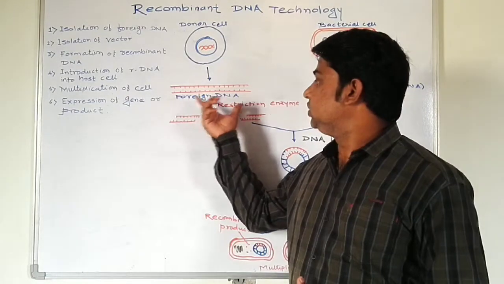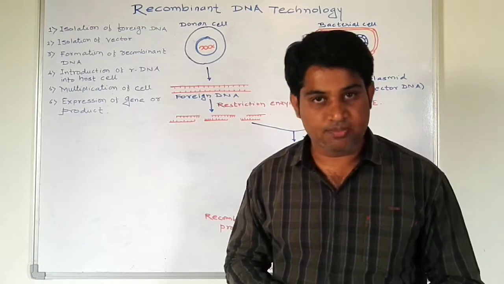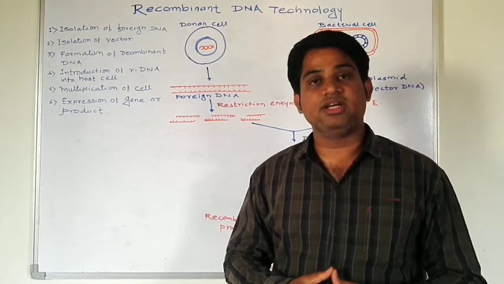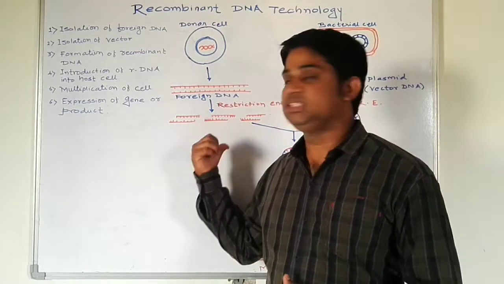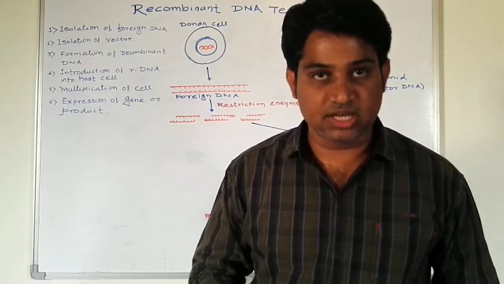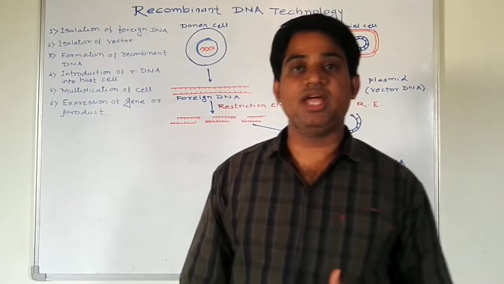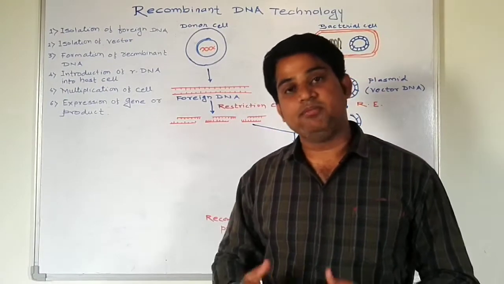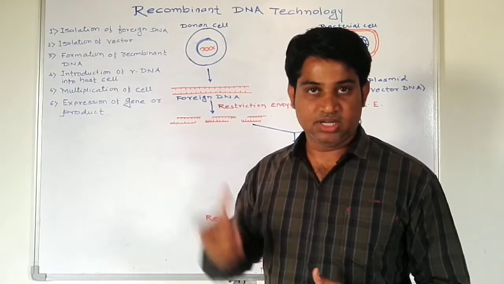That DNA which is introduced into the vector molecule is termed the foreign DNA or gene of interest. This DNA contains many genes. From that we have to isolate the gene of interest. For that purpose we use restriction enzymes, called molecular scissors, which cut the DNA at particular sites and sometimes create sticky ends of the DNA.